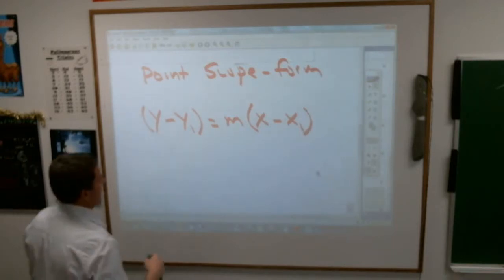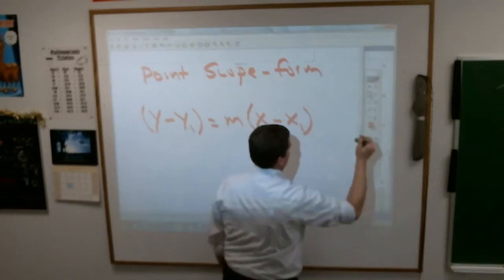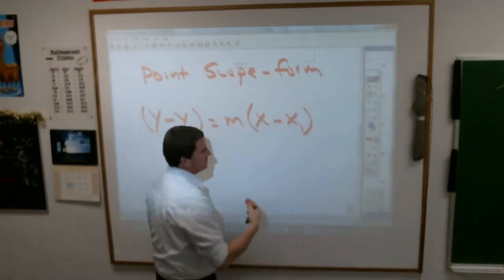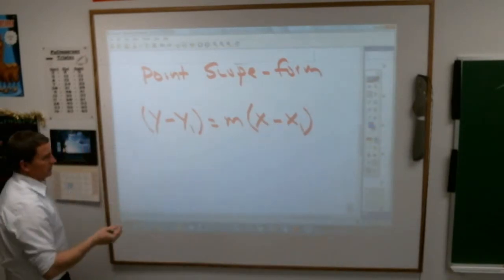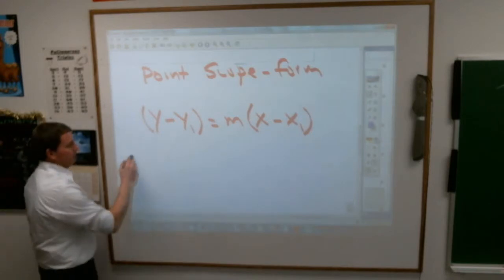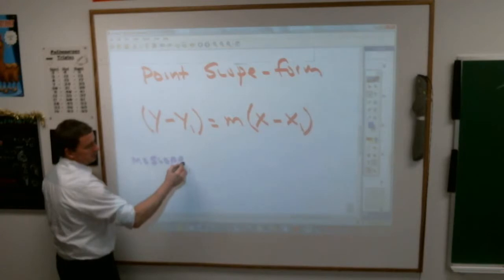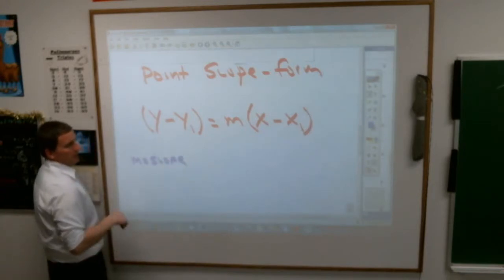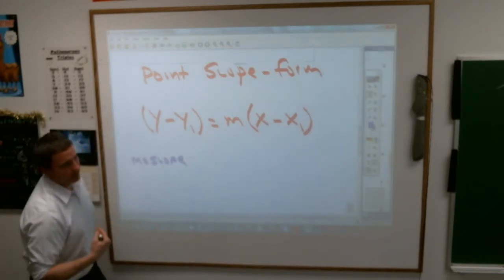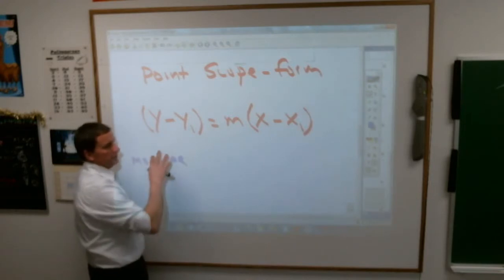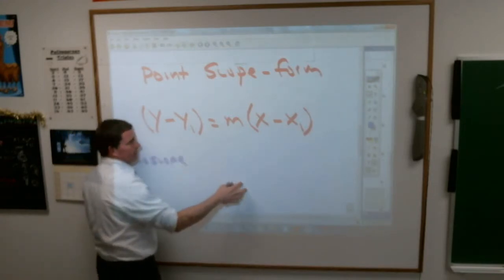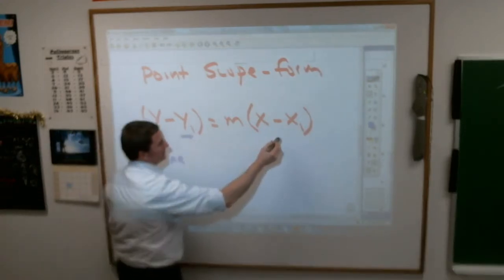Like I said, I don't necessarily see the real point because I do believe slope intercept is a little easier to deal with and work with. But the letter m is still the slope of the line. The only other letters you're really concerned about in writing it down are x1 and y1.